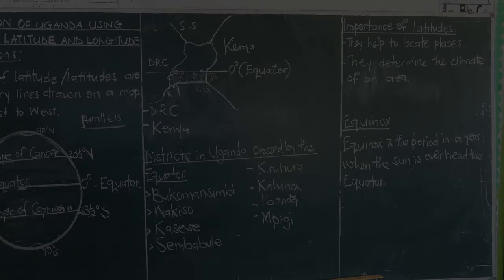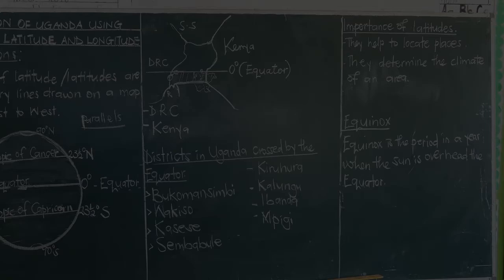So at the end of it all, we are going to find that these lines, unlike the other first ones that we talked about, those are the lines of latitude, which were not meeting, they were parallel to each other. Now these ones, we are able to see that these ones meet. They are able to meet at the North Pole, and also here they meet at the South Pole. So that is one difference between lines of longitude and the other lines of latitude.